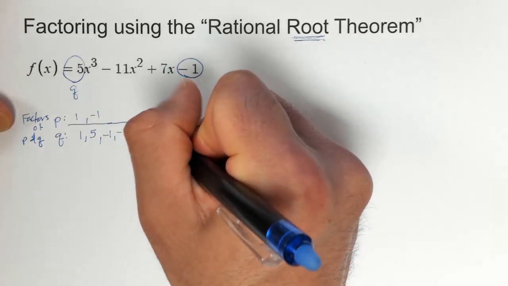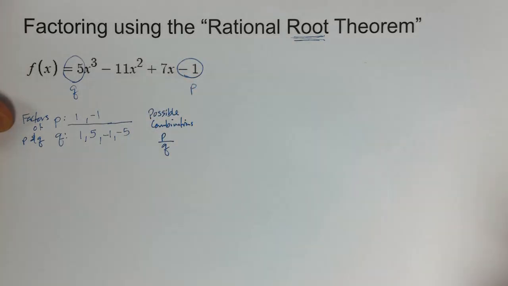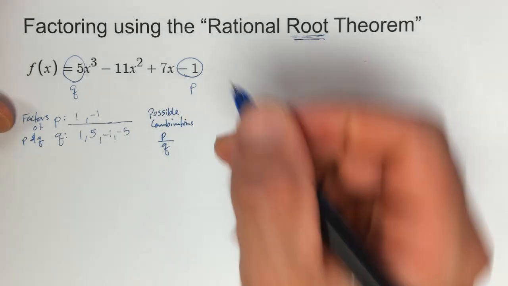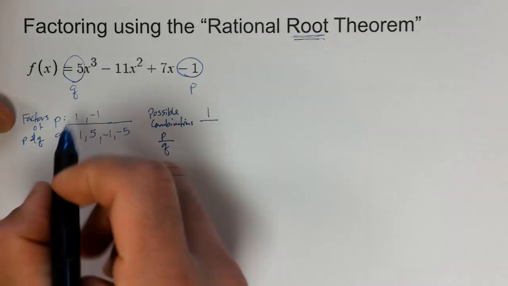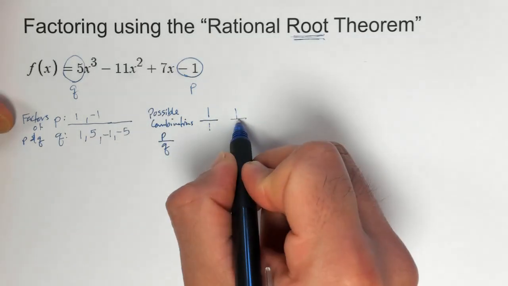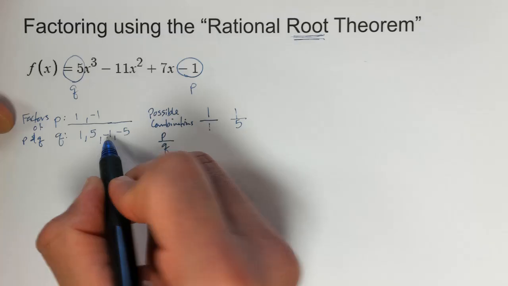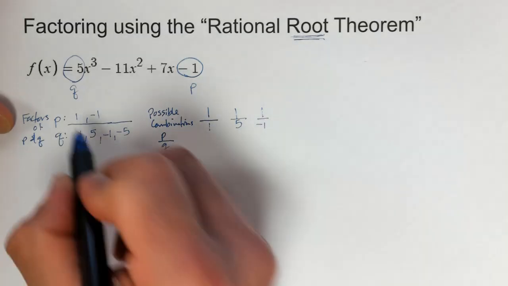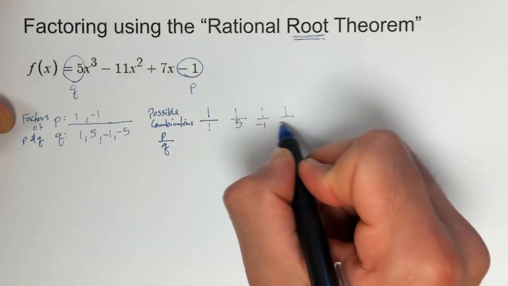These are the possible combinations of p over q. If 1 on top is positive, I can divide it by 1. I can also divide it by 5. I can divide it by -1. And I can divide it by -5.